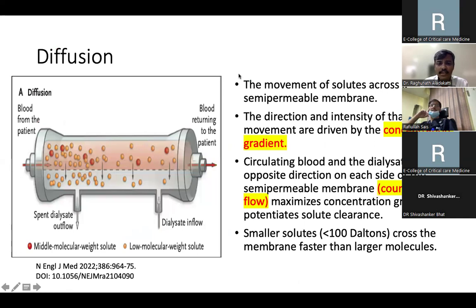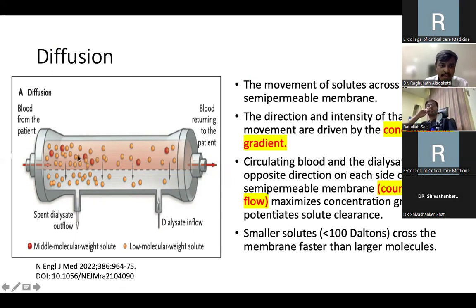Diffusion means, in a hemodialyzer or hemofilter, the movement of solute across the semi-permeable membrane. Think of a semi-permeable membrane here, with molecules traveling from one side to the other. The movement of the molecules depends on the concentration gradient; the direction and intensity of the movement are driven by the concentration gradient.